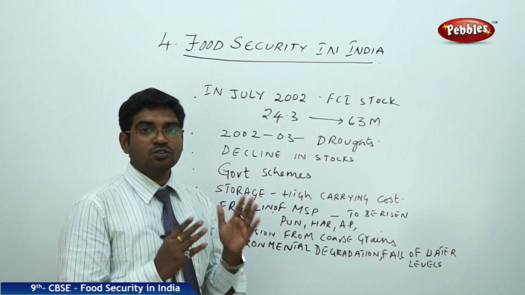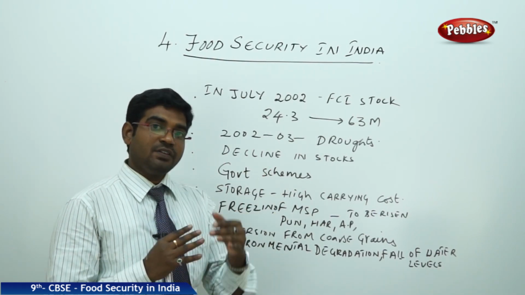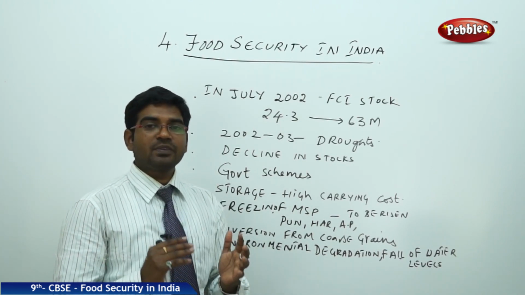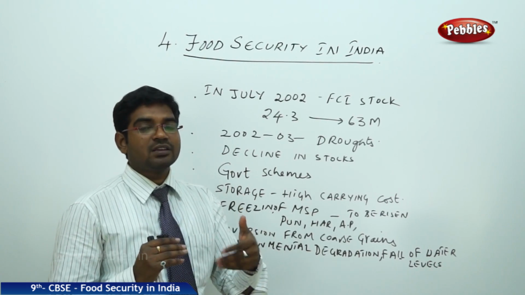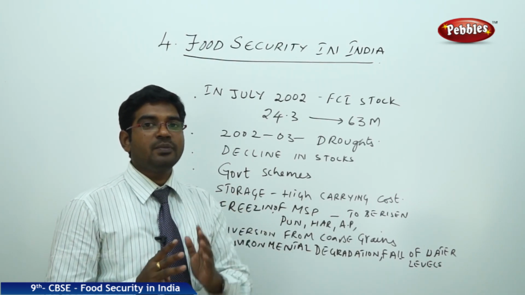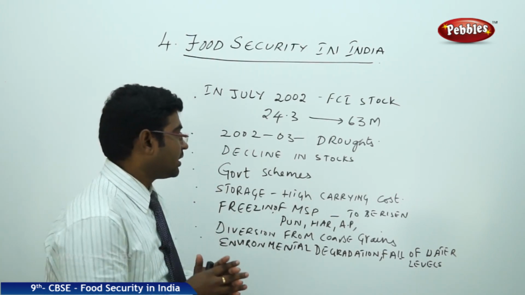The production was not so satisfactory and the buffer stock started to decline. Even though it declined for many years, the stock maintained by the FCI was much higher than what is required. 24.3 is the required level, but it always maintained 30 to 40 million tons of grains.